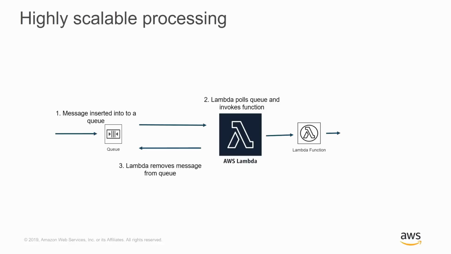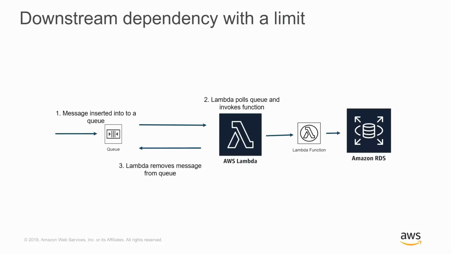Now, imagine that this Lambda function is talking to something that actually has a limit. Maybe it's directly talking to something like a relational database that has a limitation on the maximum amount of open connections to the database. Or you're talking to a service that behind the scenes is talking to a relational database that has certain scaling limitations.